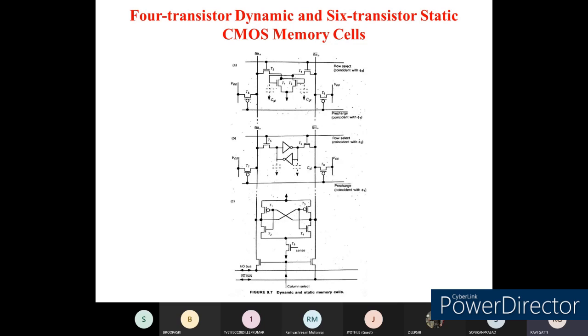So we have used the phi 1 clock signal and also the phi 2 clock signal. When one transistor is in pre-charge mode, the other will be in conduction mode, and if the same transistor is in conduction mode, then the other transistor will be in pre-charge mode. That is how we implement this dynamic memory cell by using 4 transistors.